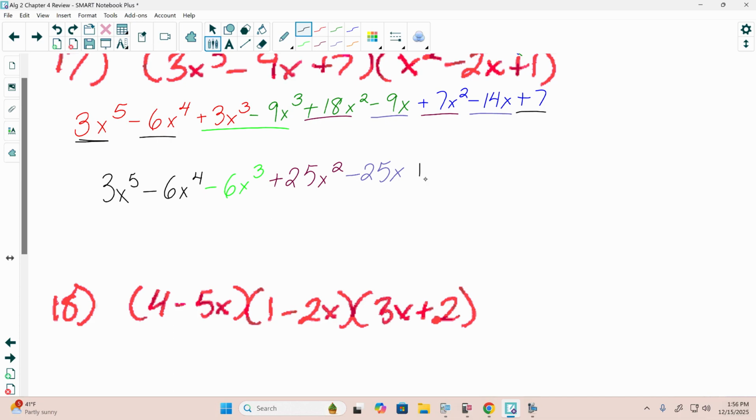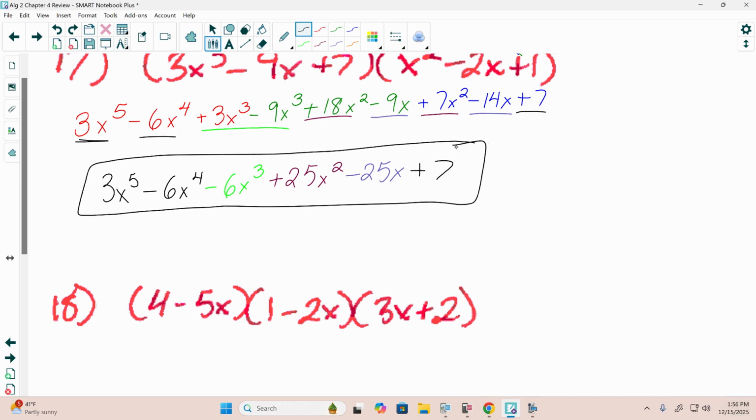And then lastly, we have our constant term, and 7 is the only constant term. We just added it on. So we should get 3x to the 5th minus 6x to the 4th minus 6x cubed plus 25x squared minus 25x plus 7.